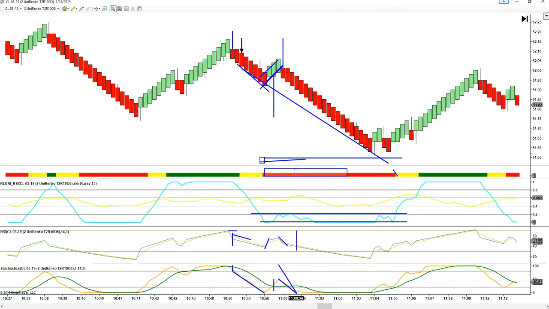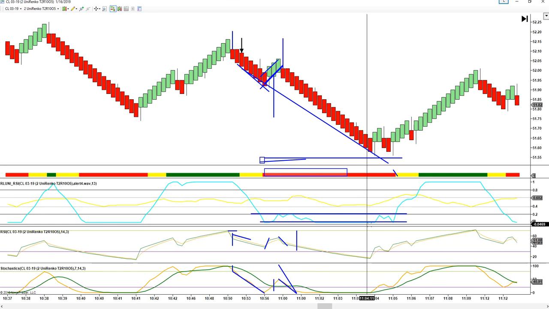This Laguerre line is an amazing tool to keep you in a trade. All the other oscillators told you to get out. This line kept you in because of the stability of our Laguerre line and the way we've changed the formula and changed the filters.